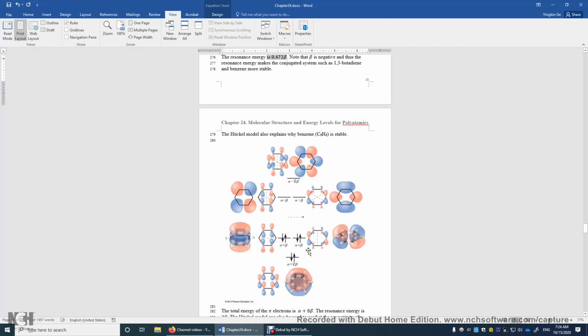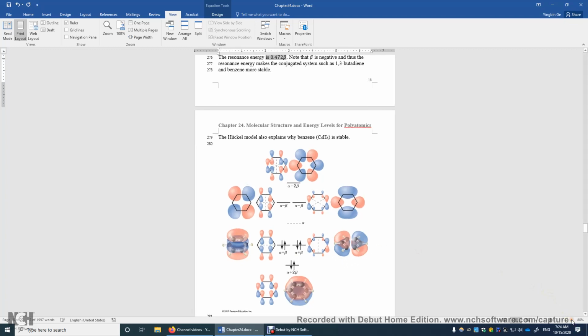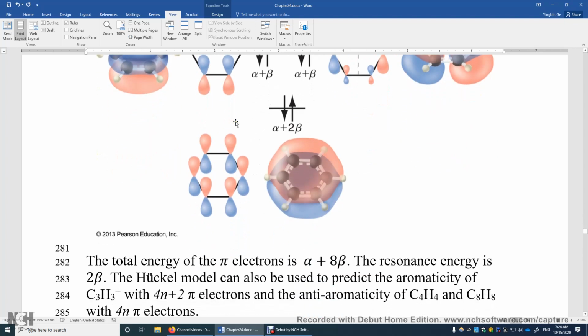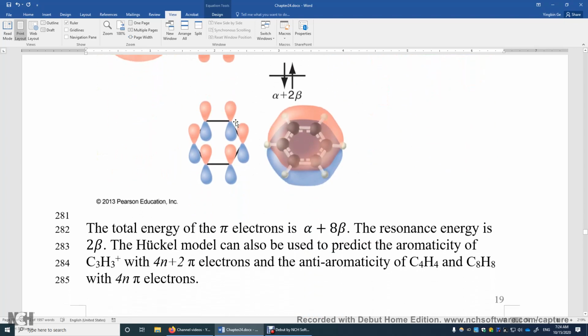So in total, I think you will get 6 alpha plus 8 beta. What does that mean? Well, with this conjugation taken into account, we get additional resonance energy of 2 beta. So this is further stabilization because, again, beta is negative.